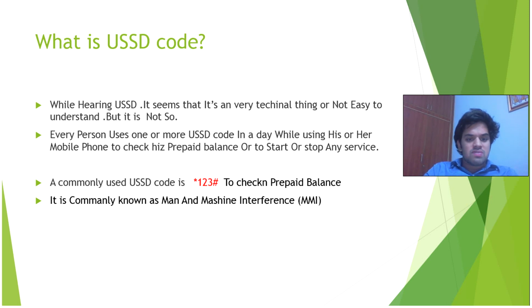Every person uses one or more USSD codes in a day while using their mobile phone, to check their prepaid balance or to start or stop any service. A commonly used USSD code is *123# to check prepaid balance. A USSD code is commonly known as a Man-Machine Interface code (MMI).